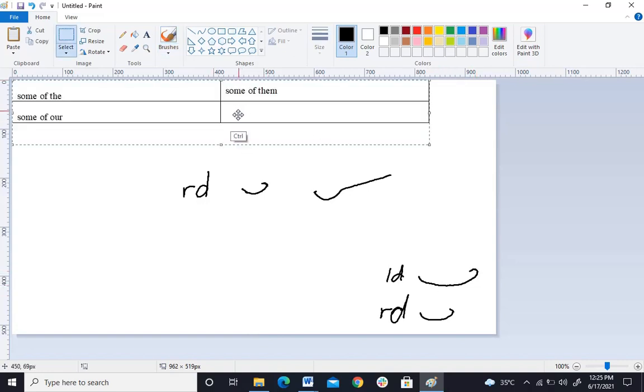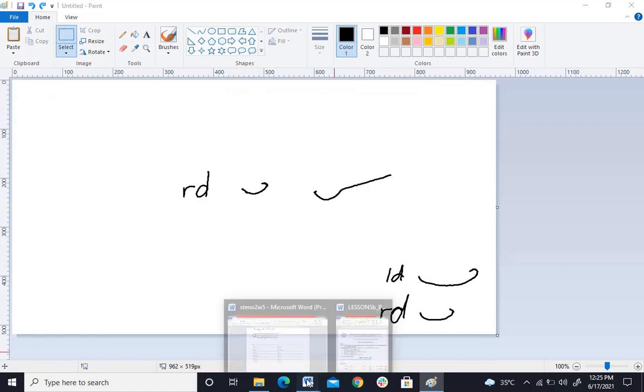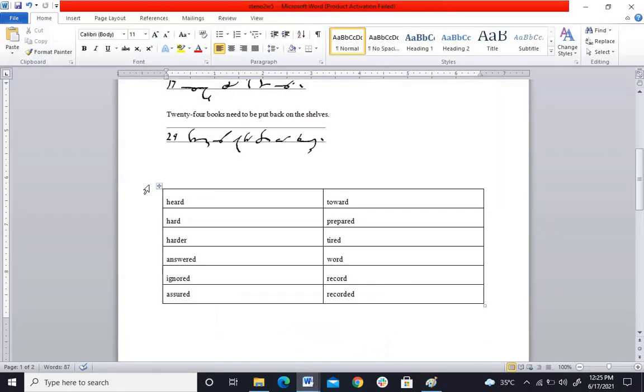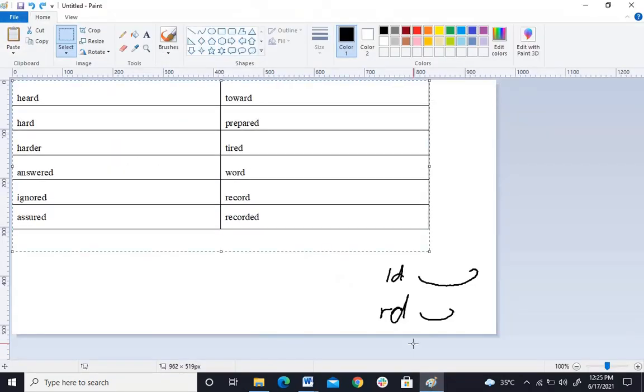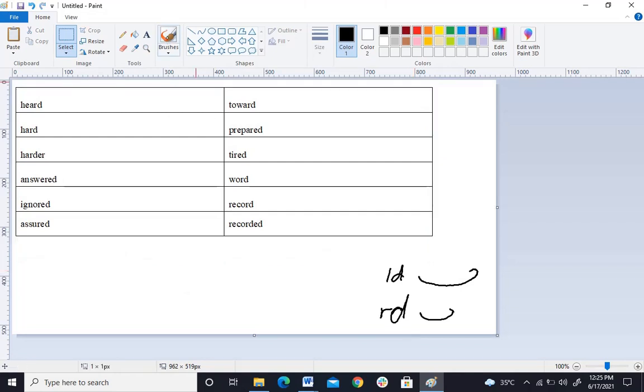Lagay natin dito yung ating mga words for RD. First, we have "heard". Heard is E-R-D, and then your H. Next, "hard": A-R-D, and then your H. Next, "harder": A-R-D-R-H. Okay, next, "answered".